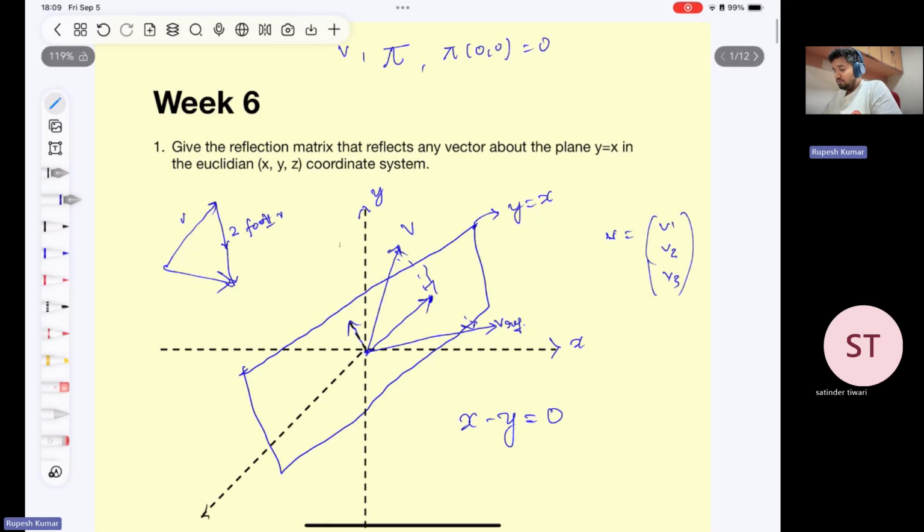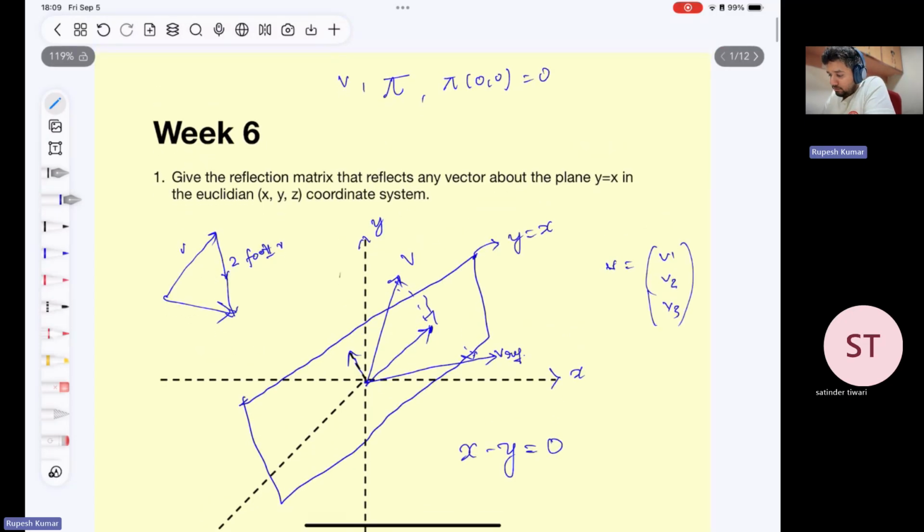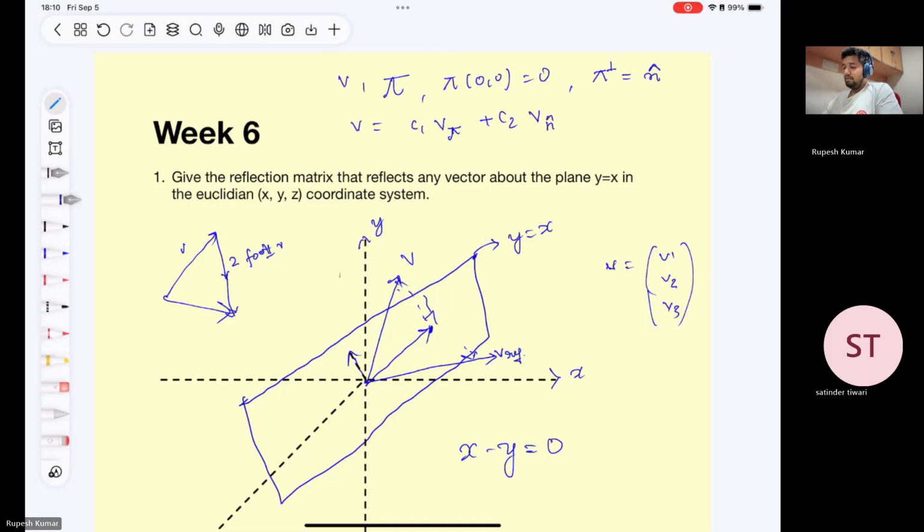So now you want a reflection. Let's say the normal to pi is n, and let's take n cap, which is the normal unit vector. Then we can write v as c1 into v's projection on pi plus c2 into v's projection along the normal.